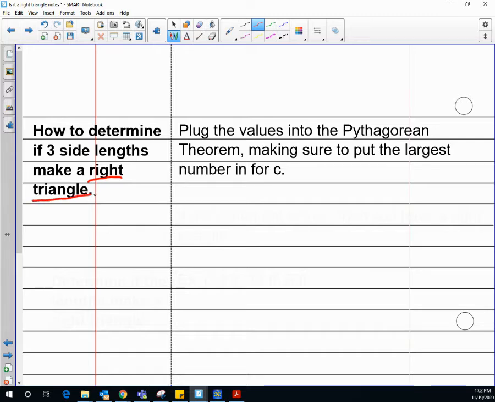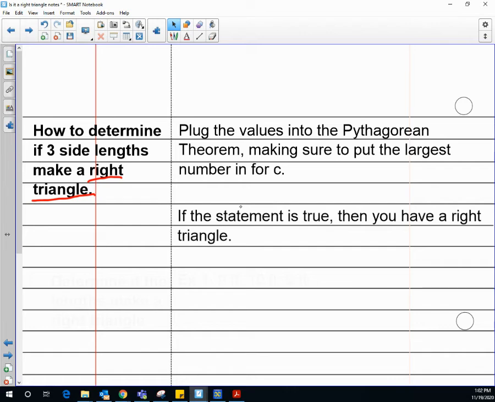What we're going to do is plug the values into the Pythagorean theorem, making sure to put the largest number in for c. Because remember, if it was going to be a right triangle, that hypotenuse would be the biggest side. You work it out, a squared plus b squared equals c squared. If it's a true statement, then you have a right triangle. If it's not a true statement, then you do not have a right triangle.